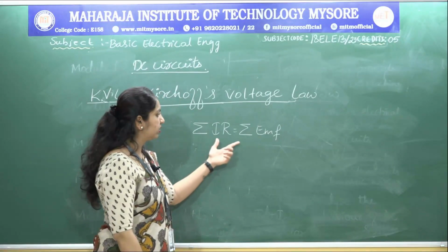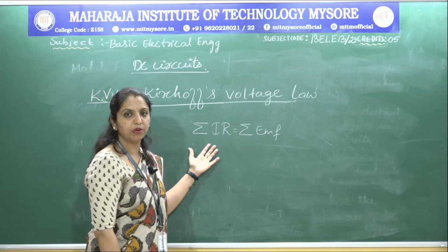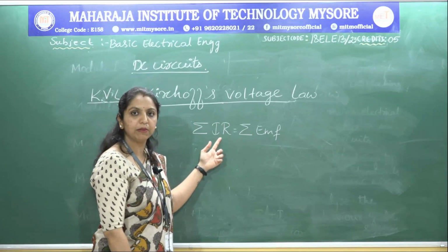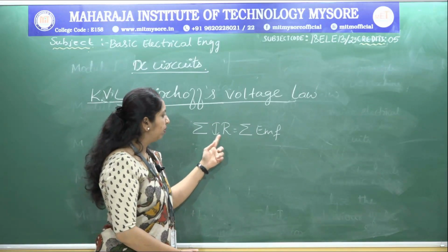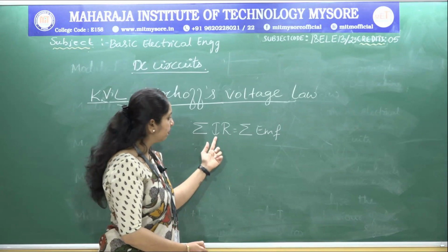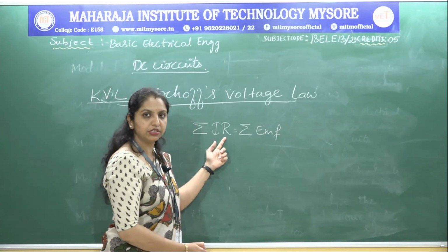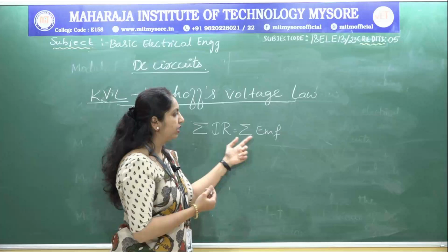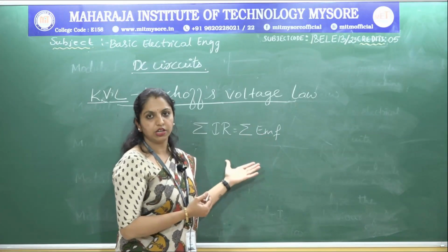Look at the statement here: the algebraic sum of the product, you are multiplying I with R, so the product of current and resistor is equal to the algebraic sum of the EMF in a circuit.